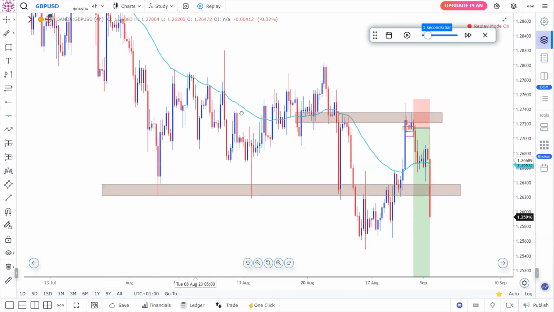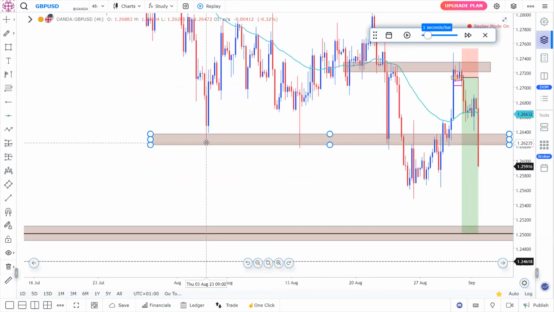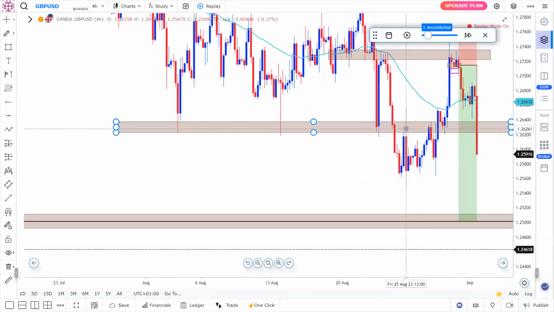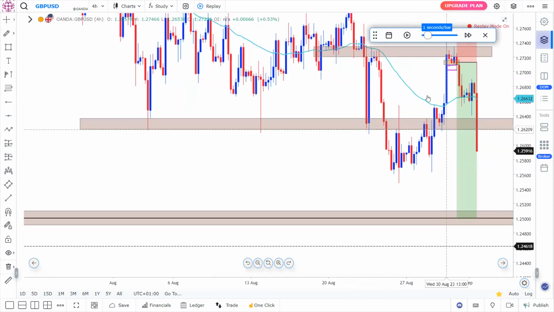For every one of the times we tested the level from the upside, the level held up as support right about here, support, and when we're below the level, as you can see, the level held up as resistance, the level here as resistance, and here when we're above the level as support.